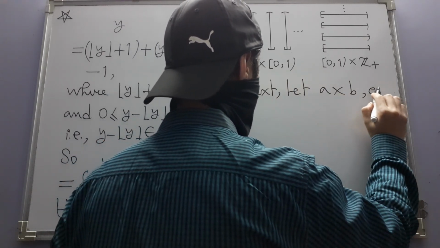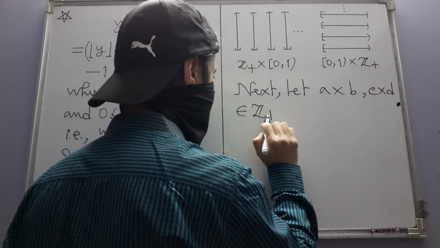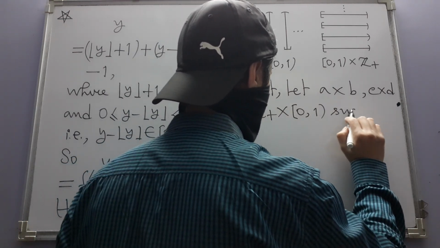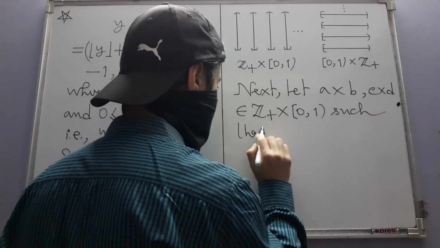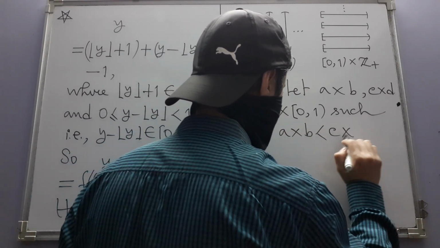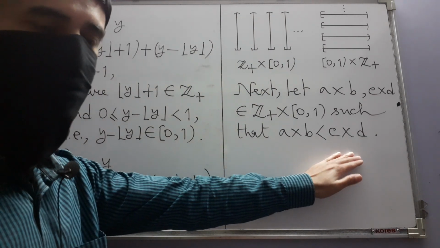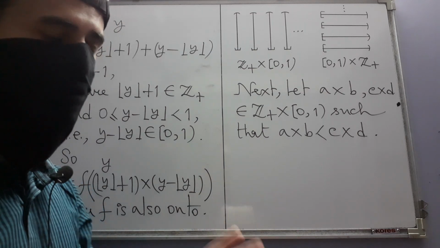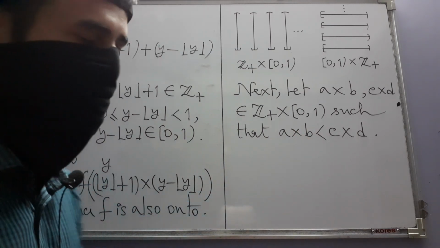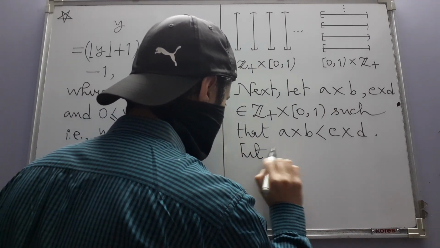A times b and c times d are elements in our set, the domain of F, such that A times B is less than C times D in the dictionary order. You already know from the definition of dictionary order that this can happen in two ways. Either A is less than C, or A is equal to C and B is less than D. And we have to consider both the cases.